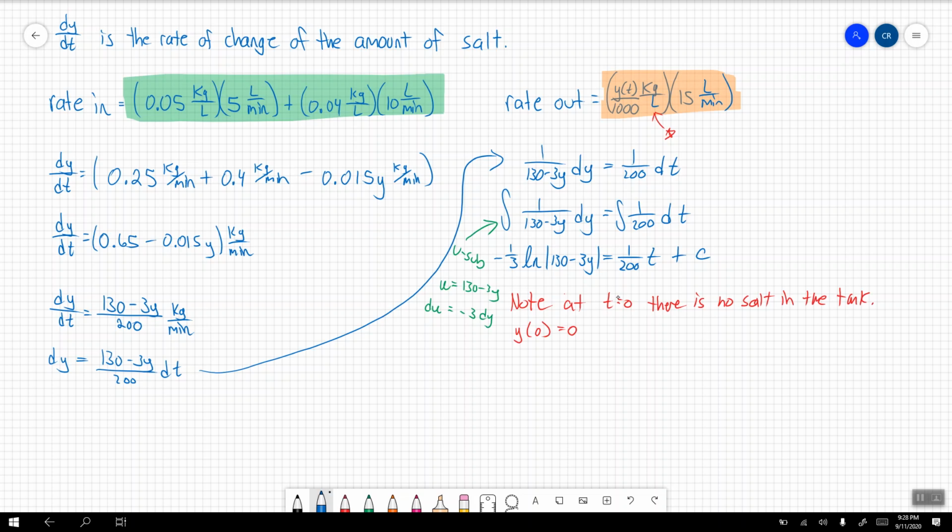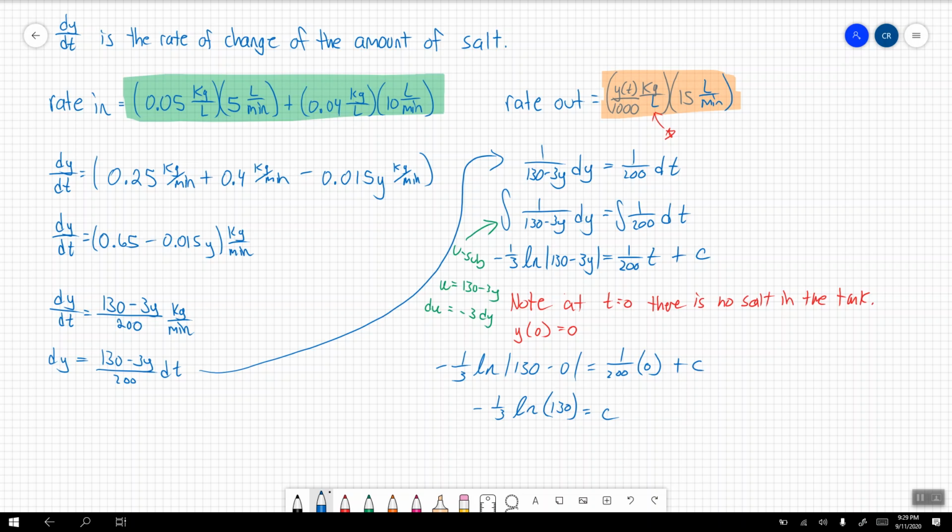Extracting this initial condition now, we get negative 1/3 multiplied by the natural log of the absolute value of 130 minus, in this case, 0, is equal to 1 over 200 multiplied by 0 plus c. Then we're going to be able to get the constant here. The constant c is going to be negative 1/3 multiplied by the natural log of 130.